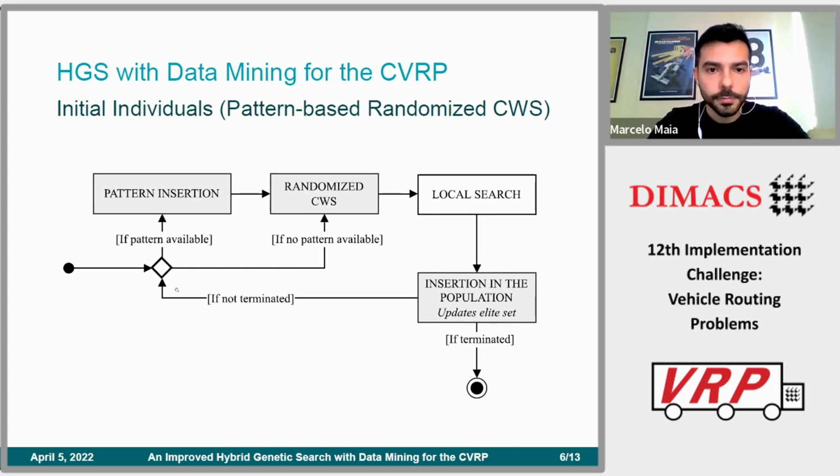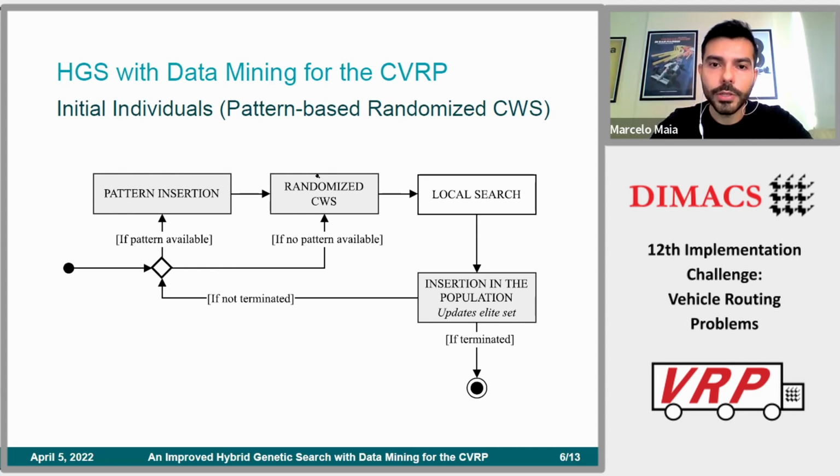Note that in the beginning, when the algorithm starts, there are no patterns available. They only will be available once the elite set stabilizes and the data mining process is triggered for the first time. So in this initial individual generation method, if a pattern is available, then the first step is inserting the patterns' elements in the solution.